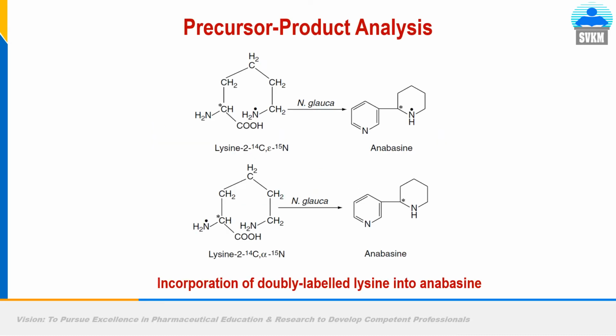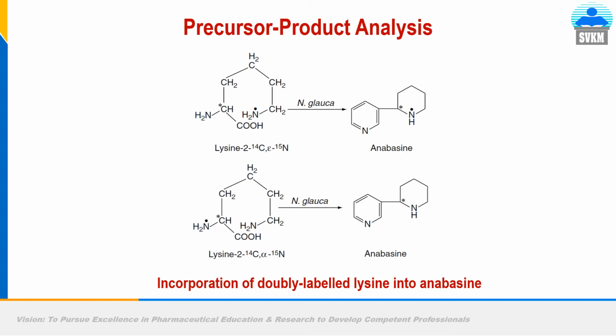There are 3 methods: precursor product analysis, sequential analysis, and competitive feeding. All the names indicate exactly what the process is. For example, in precursor product analysis, we incorporate a chemical compound which is a presumed precursor.